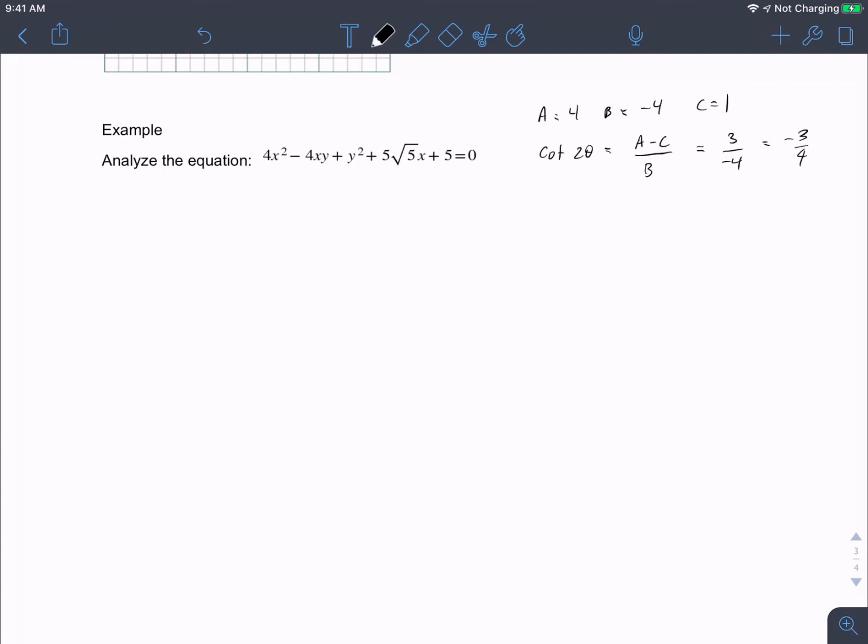And so cotangent of 2 theta being negative is going to occur either in the second or third quadrant. So because this is negative, we're going to fall in the second or third quadrant in terms of our cotangent value. And then we need to remember some stuff that we have from back in the past.